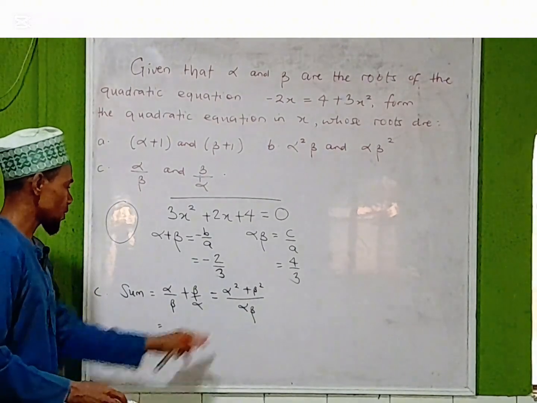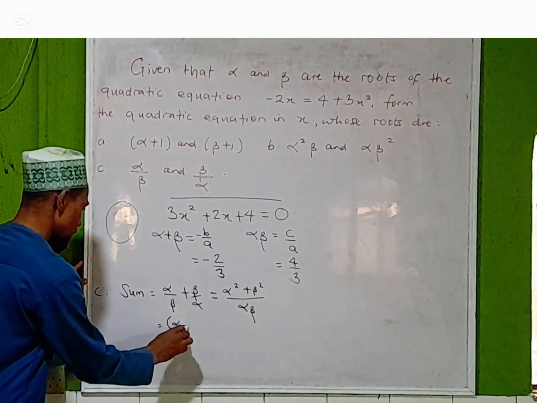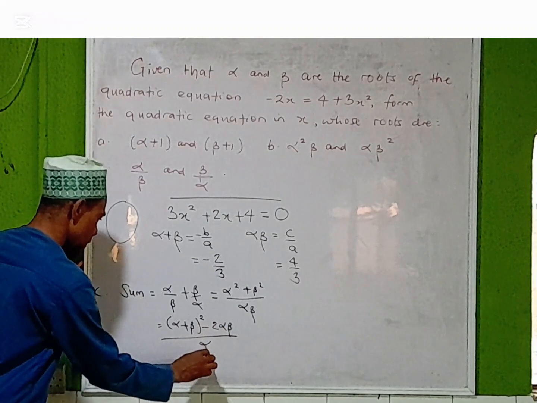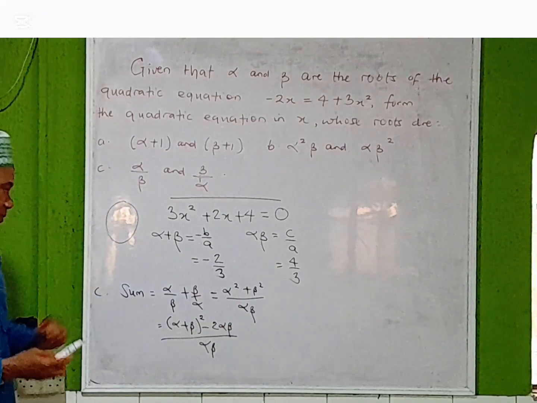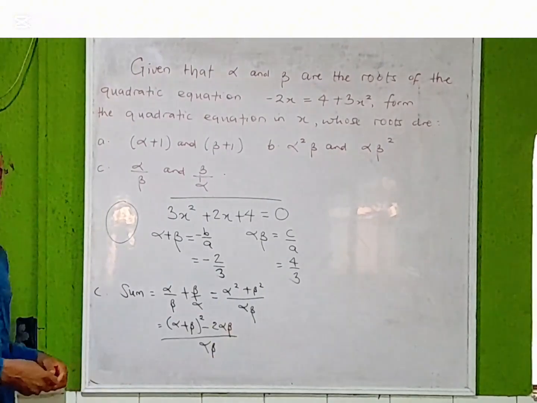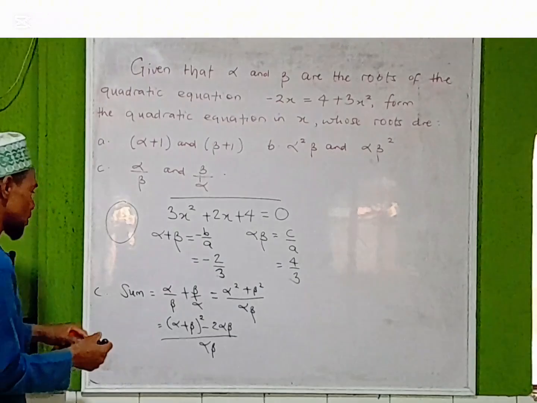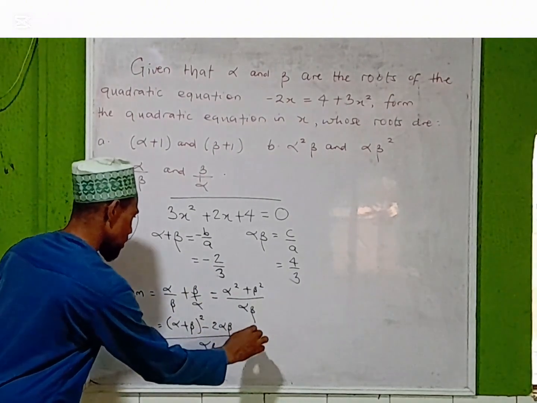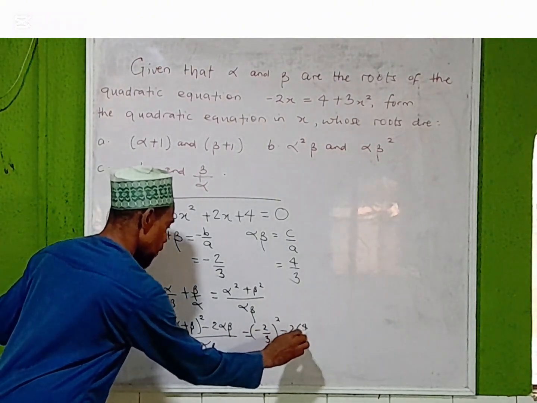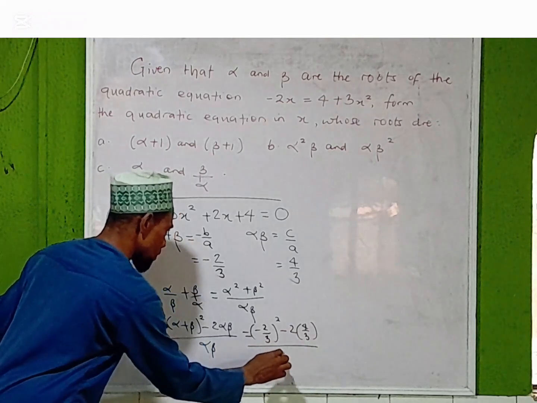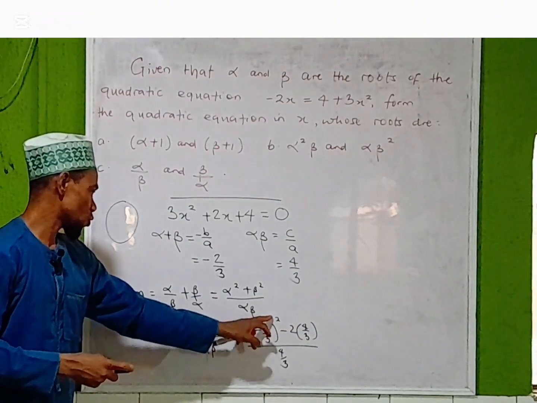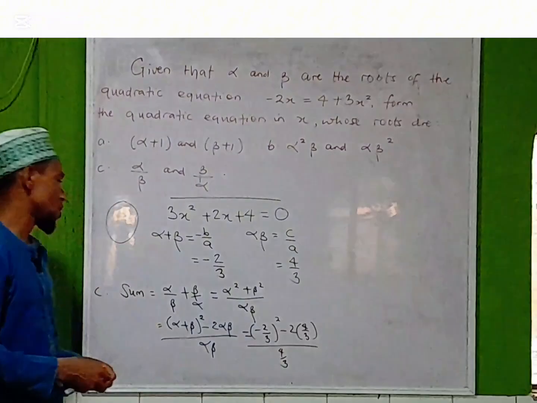Remember from our previous video that alpha squared plus beta squared simplifies to alpha plus beta all squared minus 2 alpha beta, all over alpha beta. So the numerator alone is all this. So you can see clearly that we now have expressions in terms of sum and product. So we go ahead and substitute. So we have minus 2 over 3 all squared, then minus 2 times 4 over 3, divided by alpha beta, which is 4 over 3 still. So this is alpha plus beta all squared minus 2 alpha beta over alpha beta.